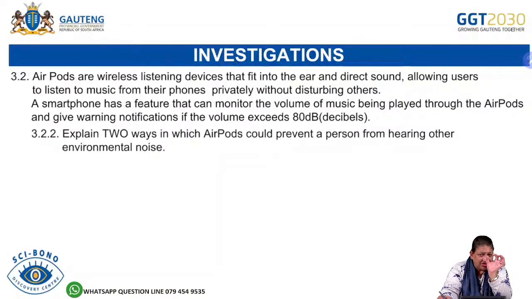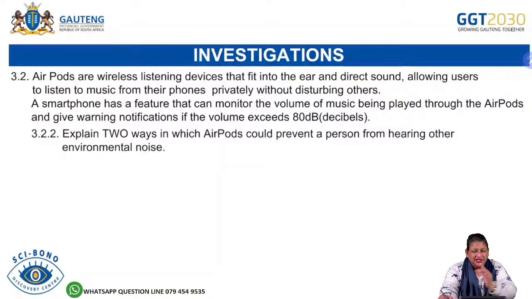directly next to the eardrum. So obviously the sound from the AirPod is going to be louder than the environmental sound. So the sound waves from the AirPod will be louder compared to the sound waves coming from the outside. 2, the AirPods are like an obstruction.